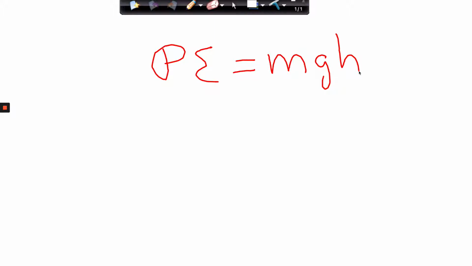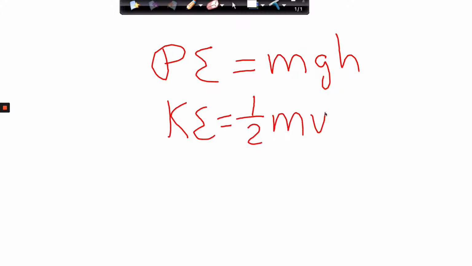So a heavier book would have more potential energy at any given height. But then when that potential energy becomes kinetic energy, it is 1/2 mv squared. And there's our mass again. So a heavier book would have more energy when it hits the floor. Is that okay? Did that get to your question? Is that all right? Okay.